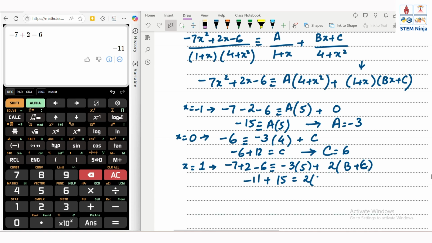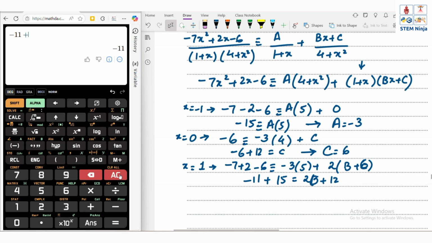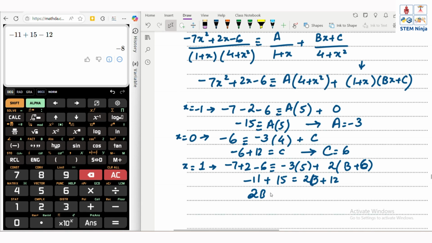Oh, sorry, B is 6, C is 6. So 2B plus 12. So minus 11 plus 15 minus 12 is minus 8. Therefore, B is minus 4.